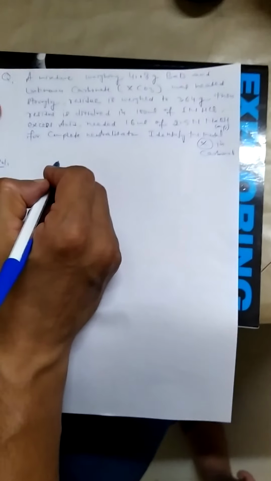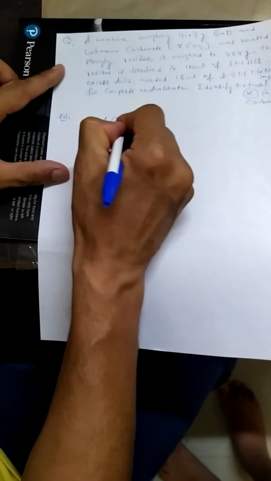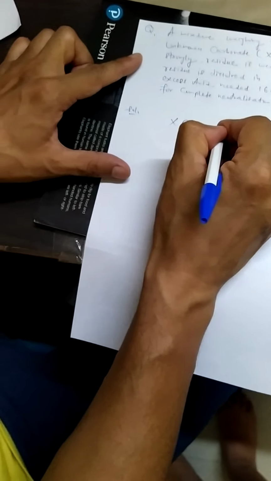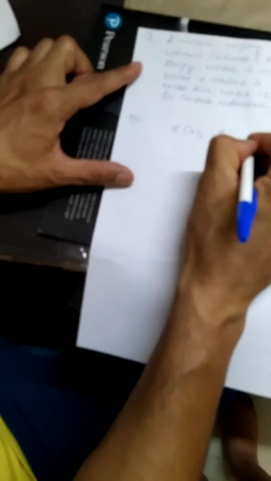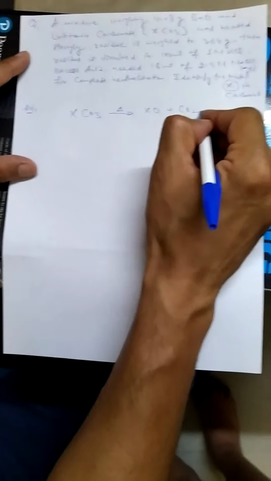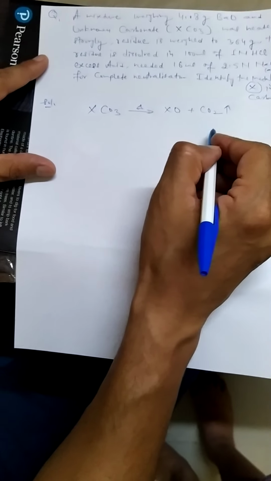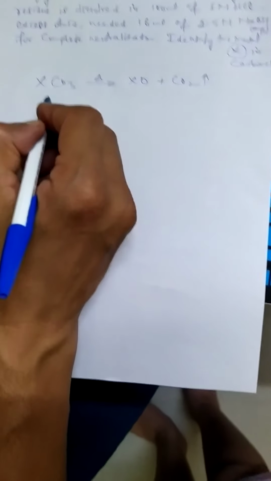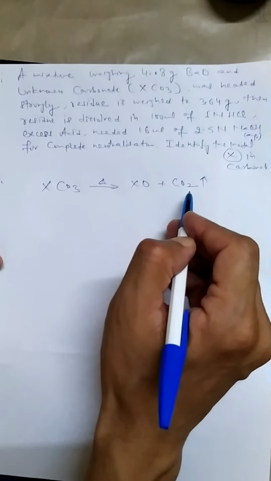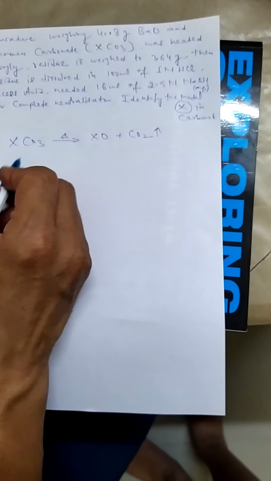The very first reaction, when we are heating it strongly, the reaction that actually happens is XCO3 on strong heating will give you XO plus carbon dioxide. Now the carbon dioxide goes off as the mass loss. So the given mass is 4.08 and the final mass of the residue is 3.64.